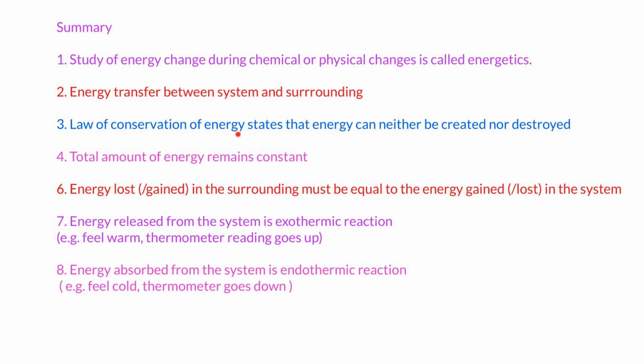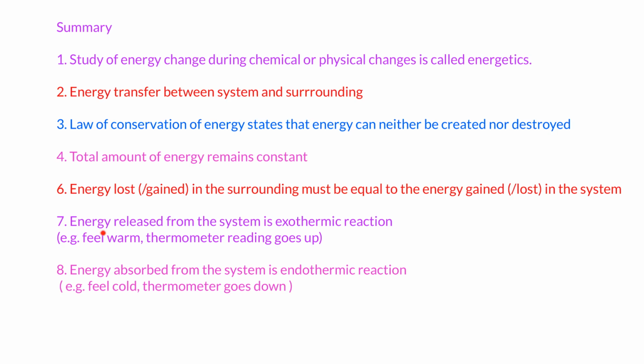The law of conservation of energy states that energy can neither be created nor destroyed. That's why the total energy in this universe will remain constant. If there is energy lost in the surrounding, it must be equal to the energy gained in the system.